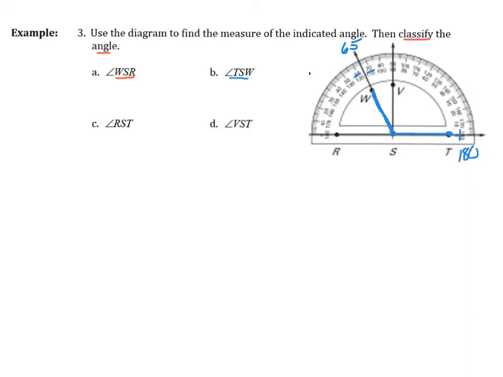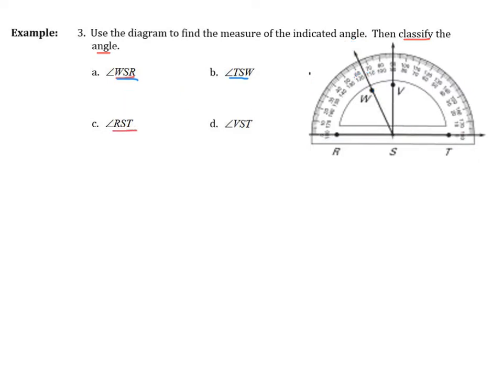So once again, we can do the absolute value. 65 minus 180 is going to leave me with 115 degrees for this angle right here. Now, notice that the answer for A, WSR, was 65. The answer for B was 115. Well, these two angles together make up angle RST, and we'll eventually get to that concept.